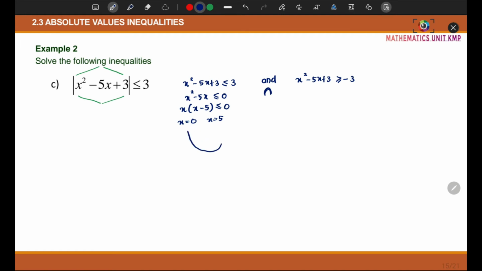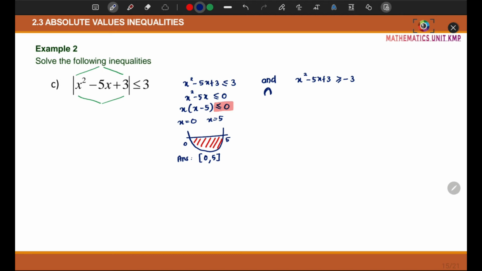So we have graph 0 and 5. Okay, look at the symbol here. So we want the answer to be less than or equal to 0, which is the lower part of the axis. So the answer should be from 0 to 5, close bracket, because of the symbol.